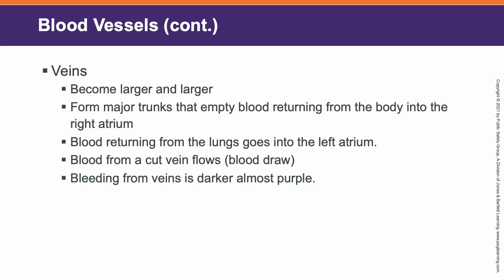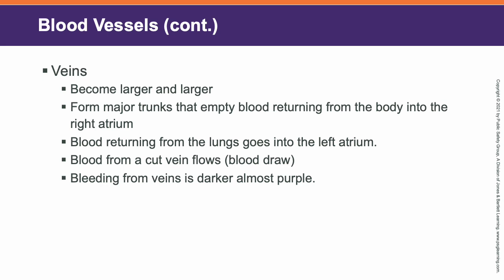Arteries carry blood away from the heart, veins carry blood back to the heart. The rule that is most of the time is that arteries carry oxygenated blood and veins carry unoxygenated blood, with those two exceptions. The pulmonary vein carries oxygenated blood back to the heart, whereas the pulmonary artery carries unoxygenated blood from the heart to the lungs. Okay?